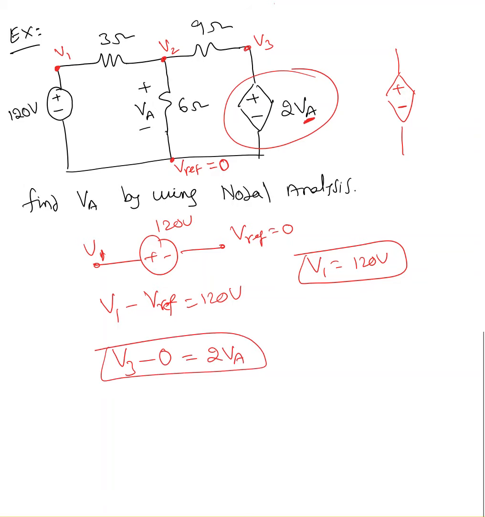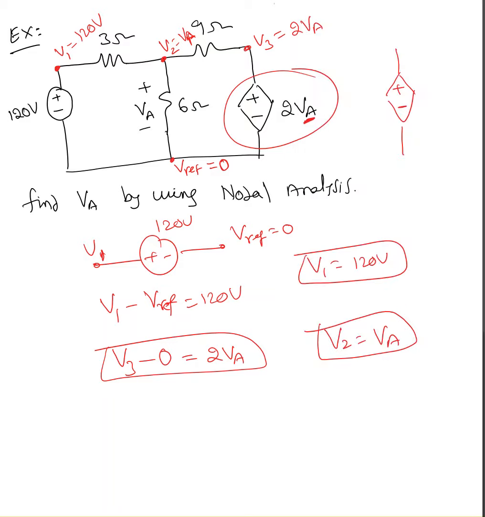So without applying KCL, I already found this value as 2 VA, this value as 120 volt. Now V2, can I say V2 equal to VA? V2 must be equal to VA. I can label this as VA, but to avoid confusion I label this as V1, V2, V3.